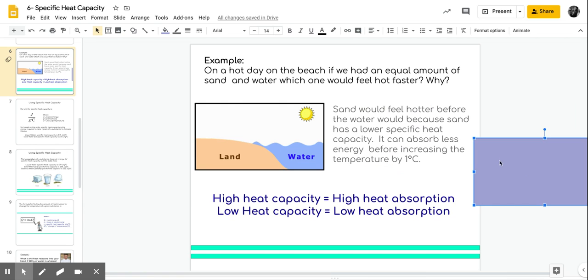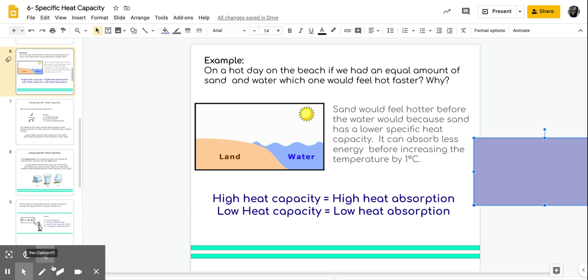We touch hot sand, we run across it, and then we run into the lake to cool our feet down if it is too hot. That is because sand has a lower specific heat capacity and water has a higher one. So sand takes less energy to heat up that 1 degree Celsius.